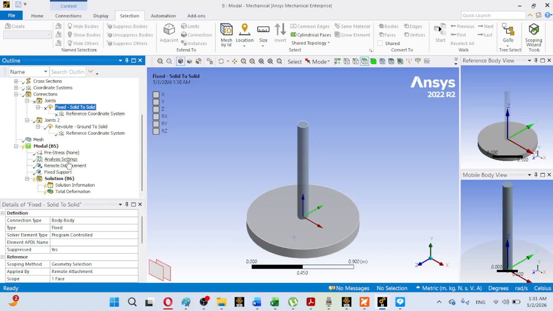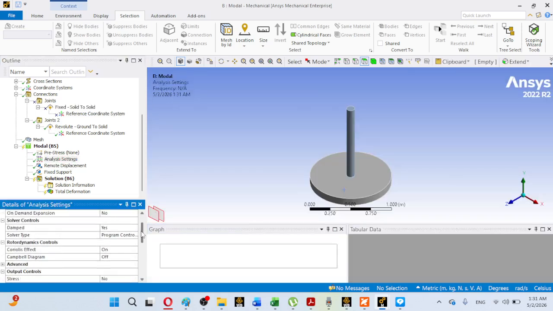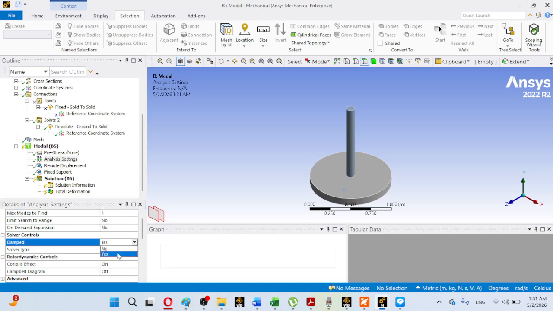And after that, in the analysis settings, the very important thing is that you will click on the solver control, and here it will say damped, and by default it is listed as no, so you will put it to yes.